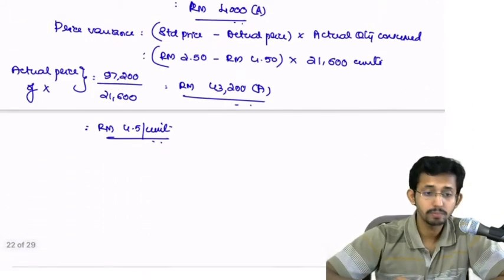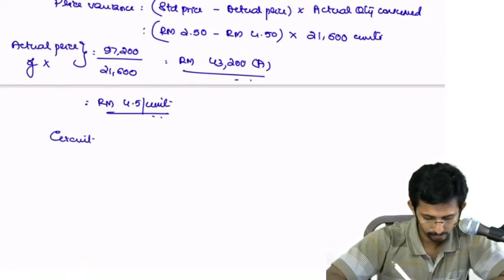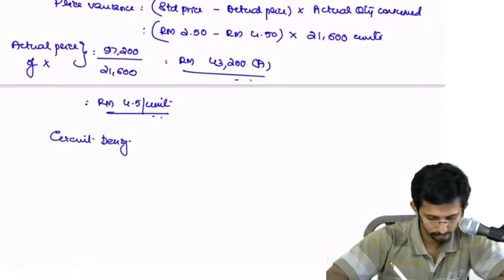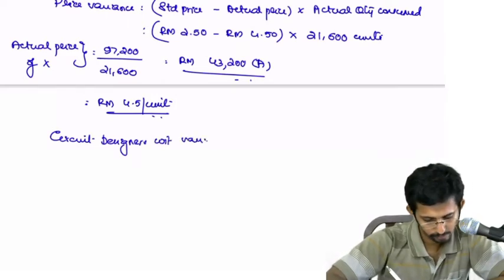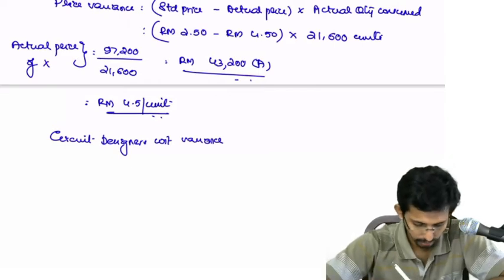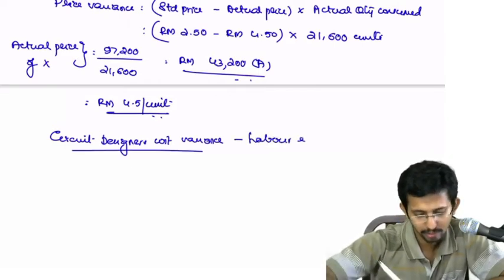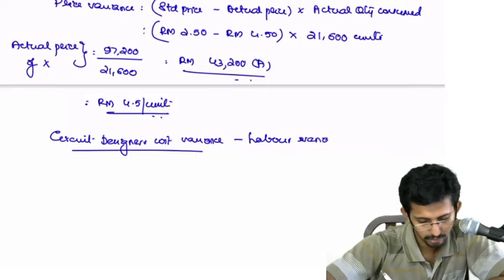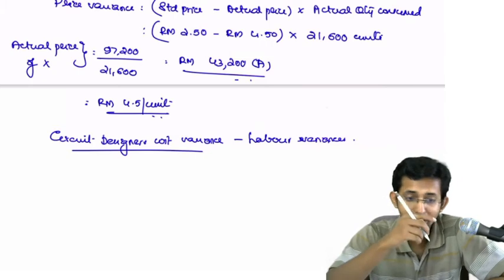Now what do you have to do? Circuit designers. It is labor variances. So you have two variances, rate variance and efficiency variance.